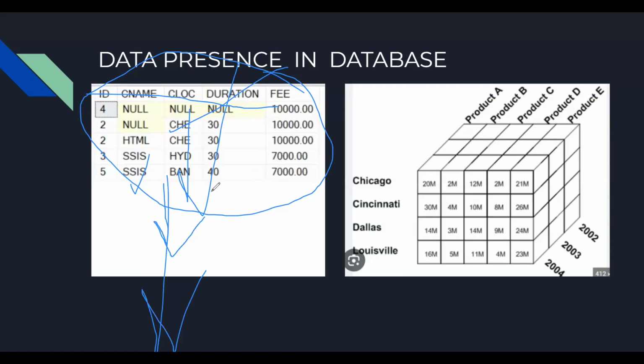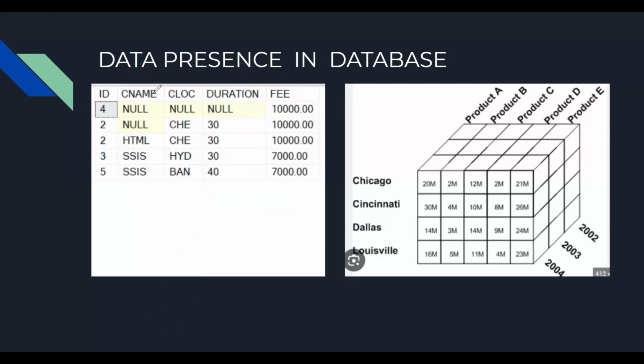Let's take that I have created a web application, and based on this web application I have created this database where I am storing the customer name in the first column, then the location, and the duration of the sessions they have attended or the fees they have paid. I have created some database.